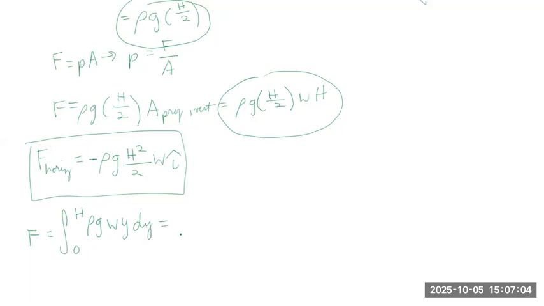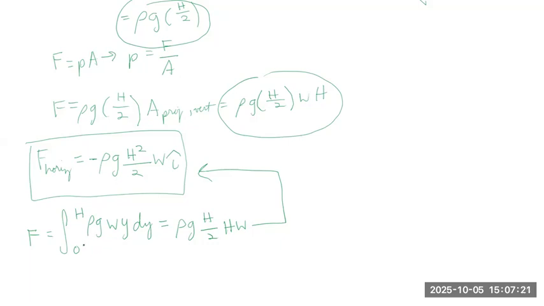And this will be equal to rho g H over 2 times H times W. And this will also give us the horizontal force is equal to negative rho g H squared over 2 times W. And why do we integrate in this way?